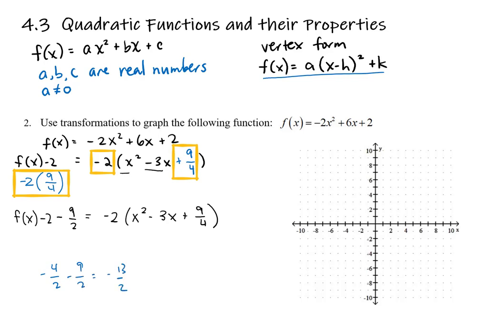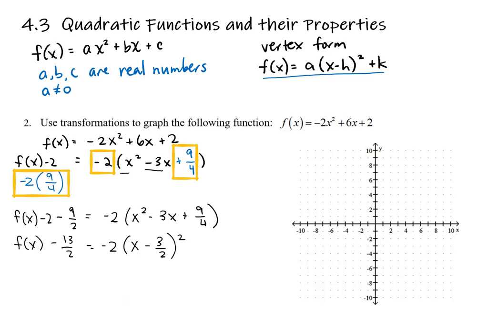So I'm just going to write it one more time. And I'm going to say f of x minus 13 over 2 is equal to negative 2 times x minus 3/2. Do you remember that 3/2 from earlier? That was from taking that b term and dividing it by 2.